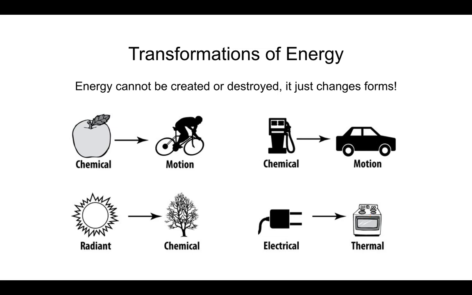So energy cannot be created or destroyed, it just changes forms. So when you have a closed system and no work is being done, we have the same amount of energy no matter what. All right. And we'll talk about that more next week when we talk about conservation of energy.